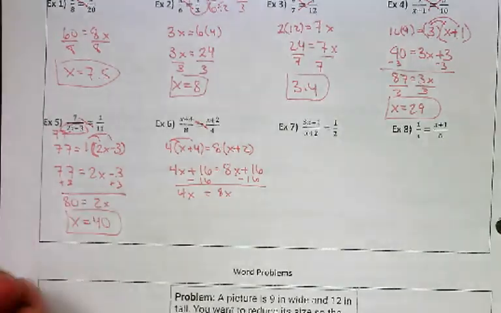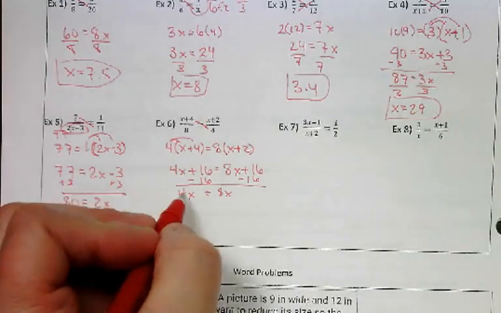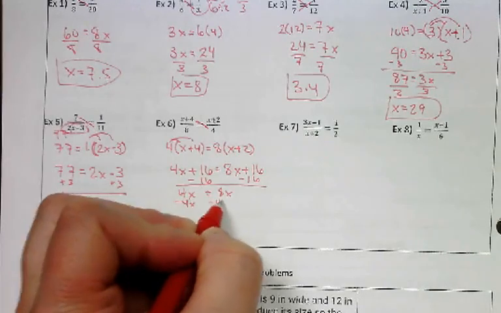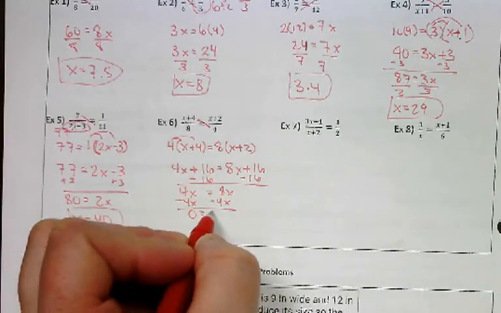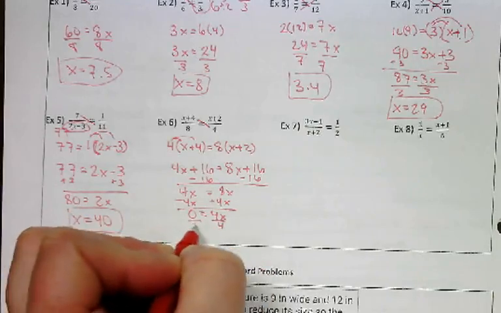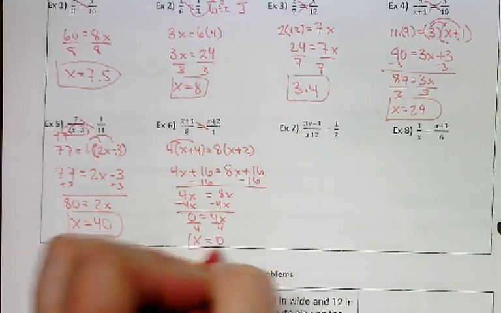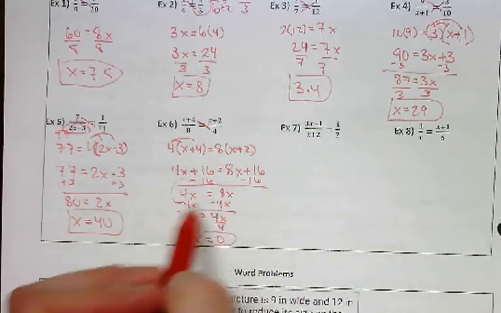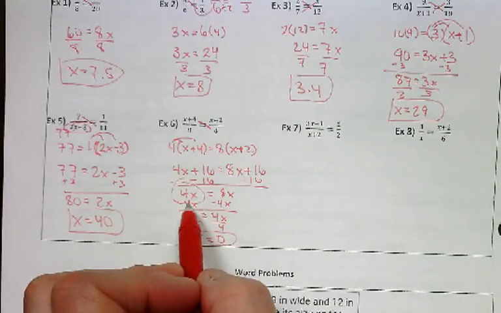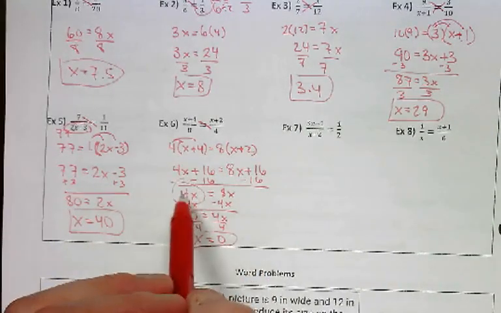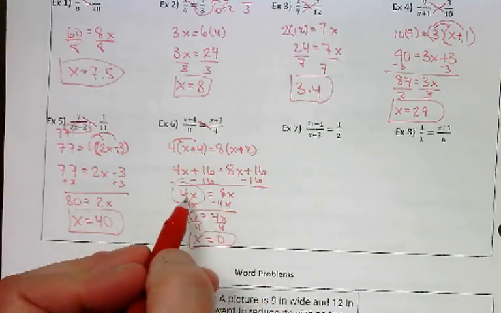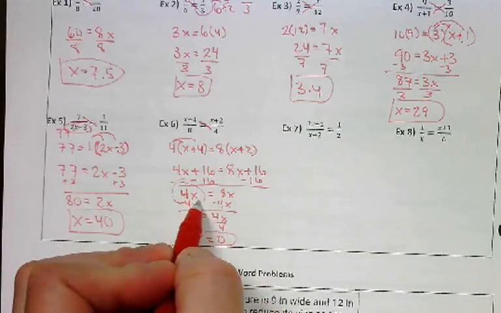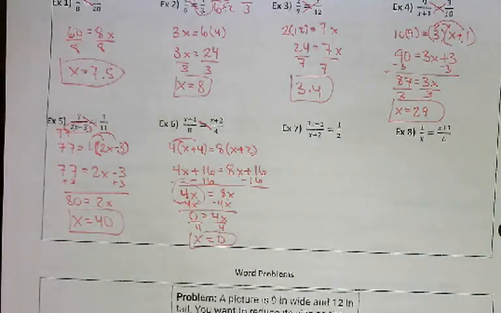Now I'm going to subtract 4x from both sides, so I get 0 equals 4x. Divide both sides by 4 and I get x equals 0. Remember, just because you get a 0 over here doesn't mean anything. What matters is if you get one side that does not equal the other. But in this case, we can still combine this 4x with this 8x because they're like terms.